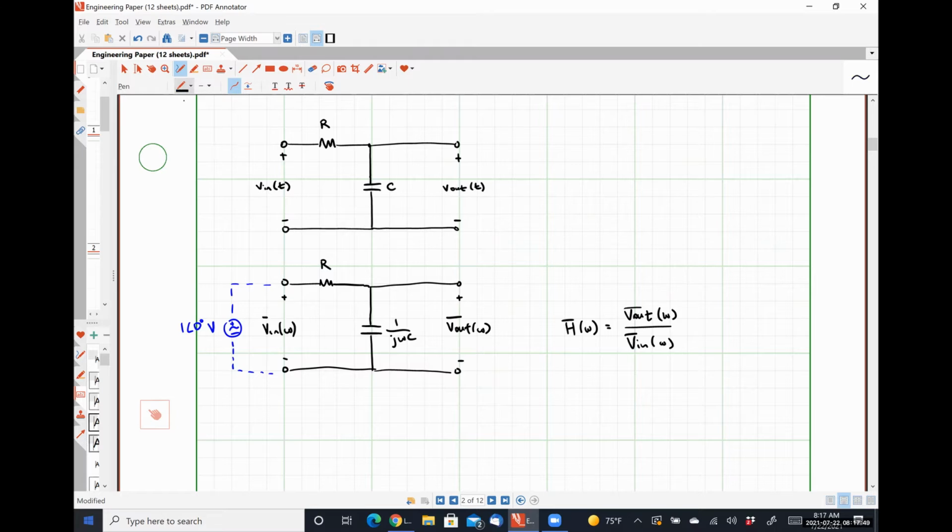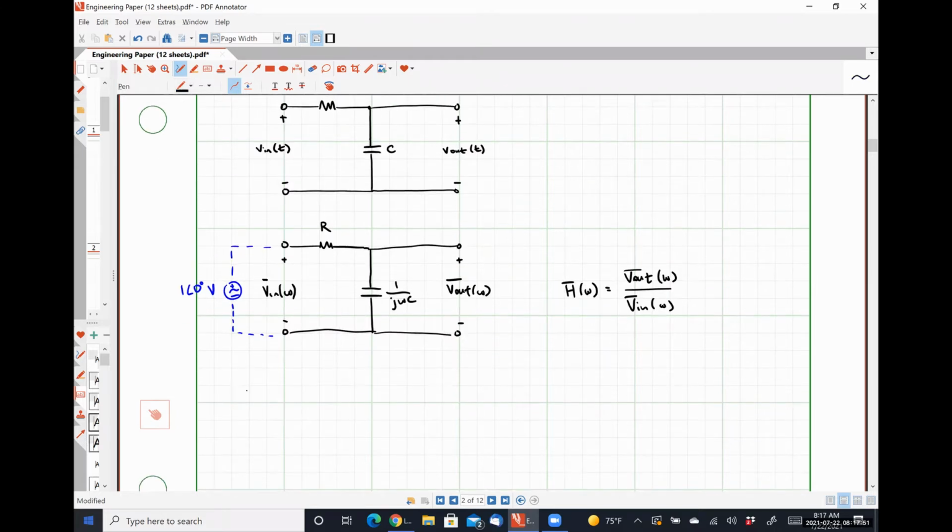So our transfer function, H of omega, in this case, would be 1 angle 0 degrees multiplied by 1 over j omega C divided by R plus 1 over j omega C. That's our output voltage, Vout, as a function of frequency.